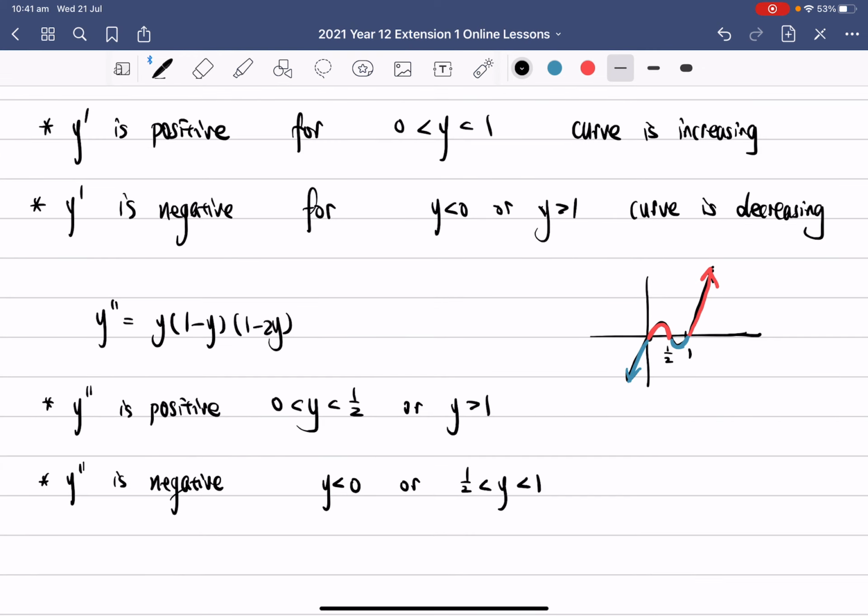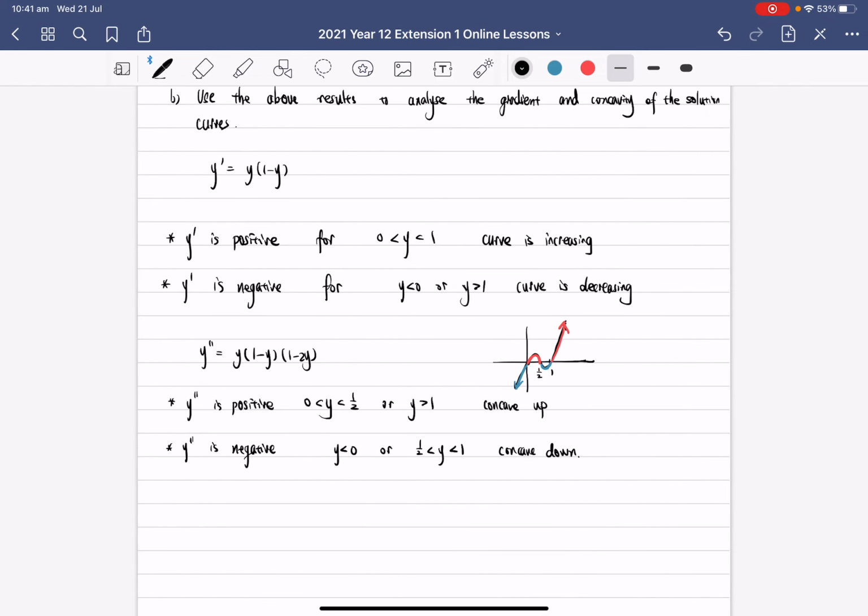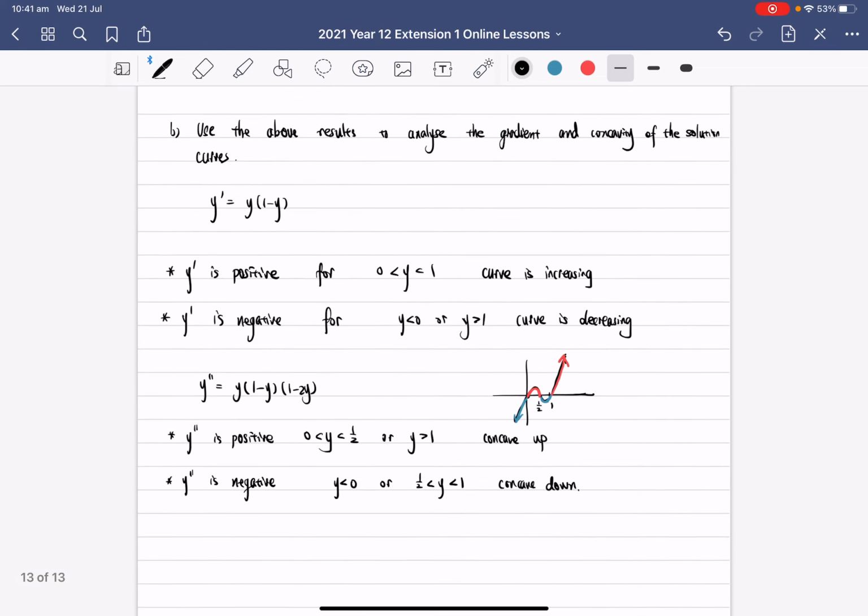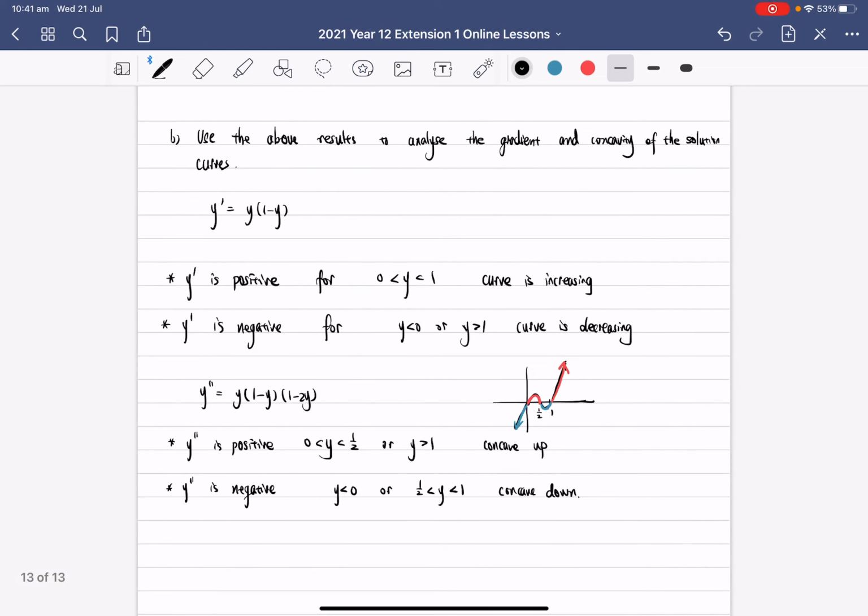If y double dash is positive, its happy face means the curve is concave up, and here the curve is concave down. At this stage, since we haven't done Exercise 13B, you don't know anything about the slope field, so I'm not going to draw a diagram for you. Eventually, you probably need to draw some simple diagram based on this analysis.